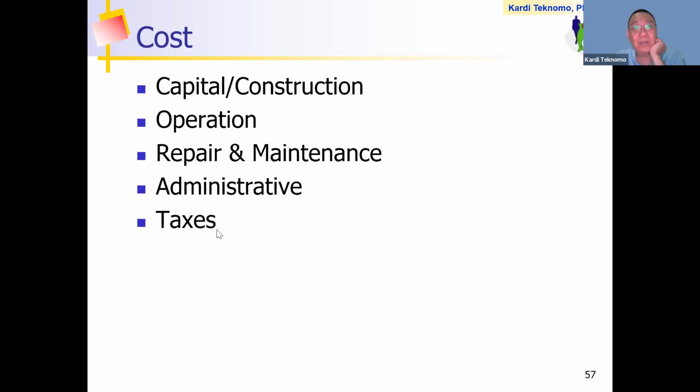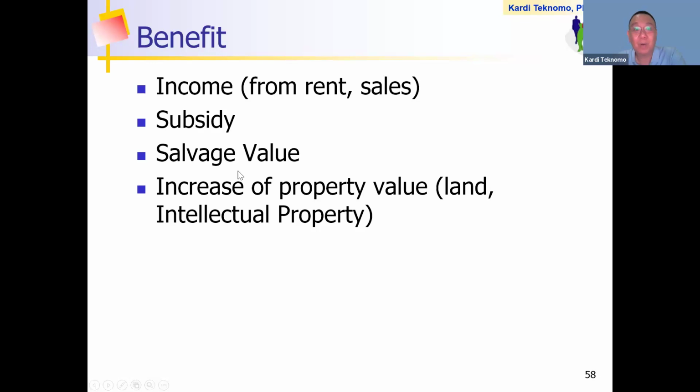There are also administrative costs and taxes. These are the usual costs. And next, for the benefit or the gain, you probably gain from the income, from the rent, sales, or you can get from the subsidy. When you finish, say your equipment, you sell it back, you get salvage value. Sometimes you can get an increase of your property value, or your land, your IP, and so on. So these are the benefits.